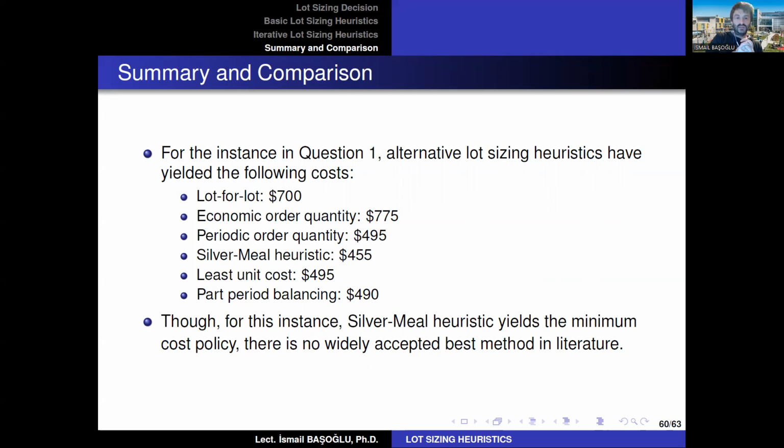Such a philosophy can only be adapted between suppliers and customers who simply omit the possible fixed ordering costs in their relationship. So such a philosophy can be adapted if you have a long-term relationship between your supplier and you. Therefore, in such relationships, we usually do not observe large ordering costs, and that means the lot for lot approach can also do better under such supplier-customer relationships.